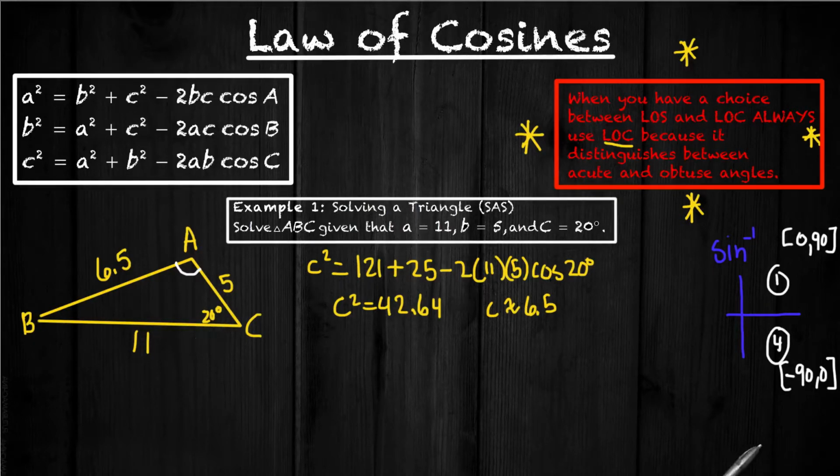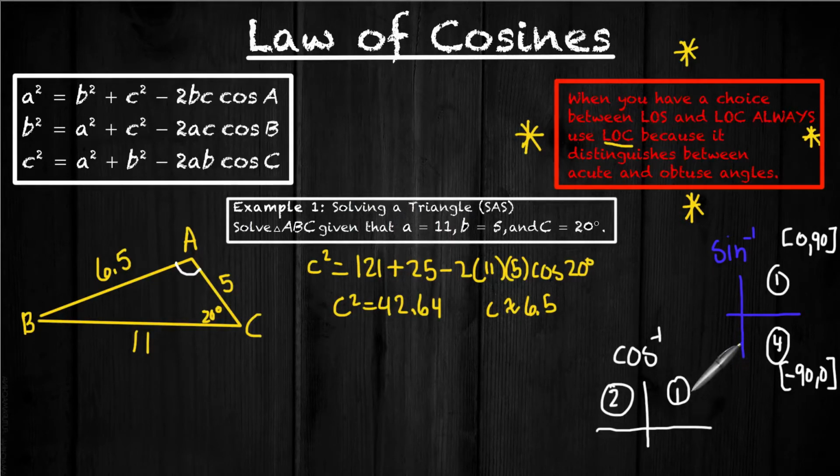However, inverse cosine, if you remember, gives you answers back in quadrants 1 and 2. Quadrant 1 has acute angles, and quadrant 2 has obtuse angles, angles bigger than 90.